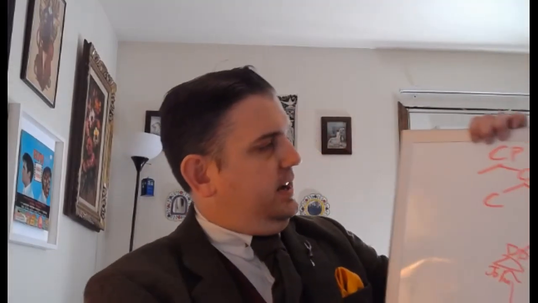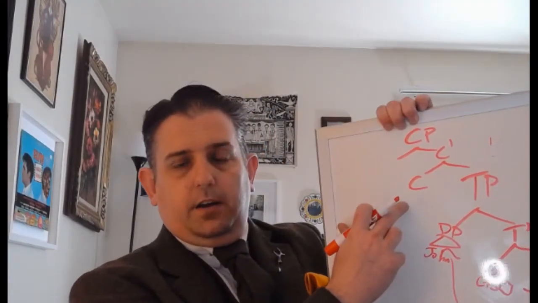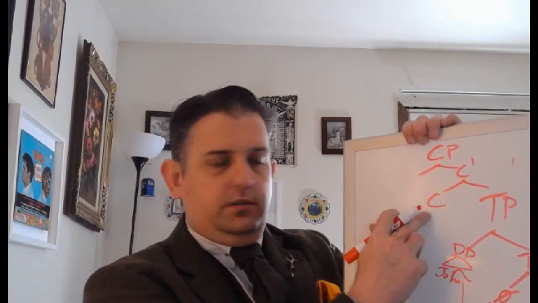Well, now we need to utilize a position we haven't really utilized since we've been playing around with X bar, which is going back to those complementizer positions. So we're going to reapply the same X bar rules to our complementizers. And we're going to have a complementizer here that says, I'm a question.